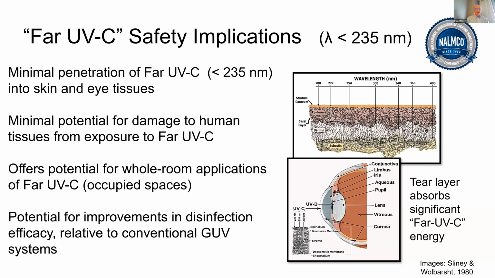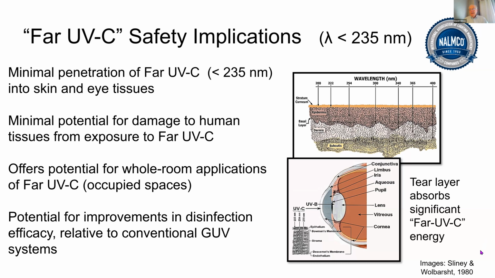This offers the potential for whole room applications where you can actually deliver the UVC from overhead luminaires, directing the energy straight into the occupied spaces. So this offers a potential for significant improvements in disinfection efficacy compared to the conventional mercury lamp UVC.